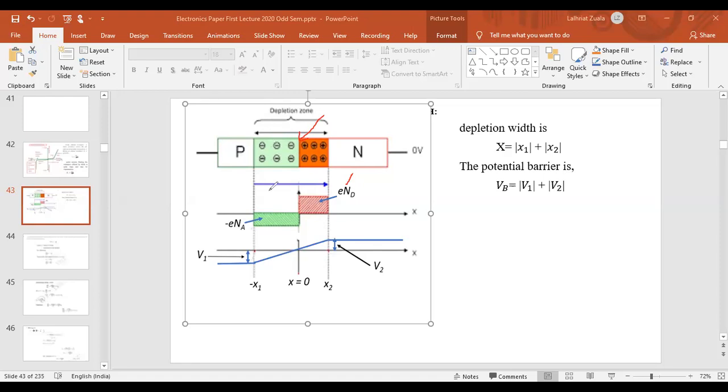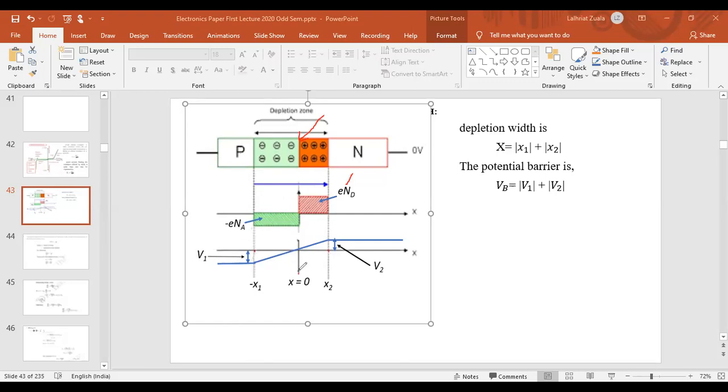And on the p side, since they are negative ions, you can write the charge accompanied with each negative ion as minus e, and Na is the density of this trivalent atom. Na is the acceptor atom density, meaning the density of the trivalent atoms in the p region. So if you multiply with the density, you will find the charge density within this region.